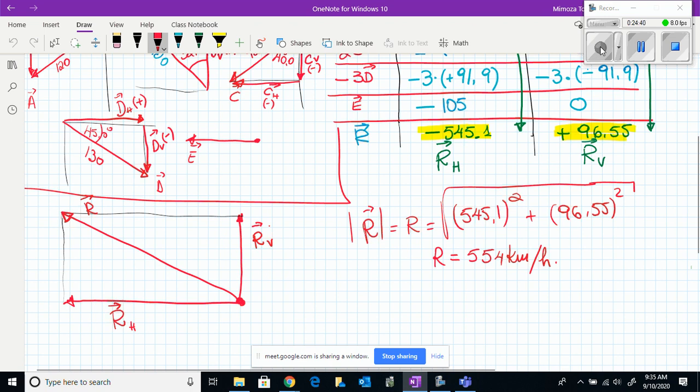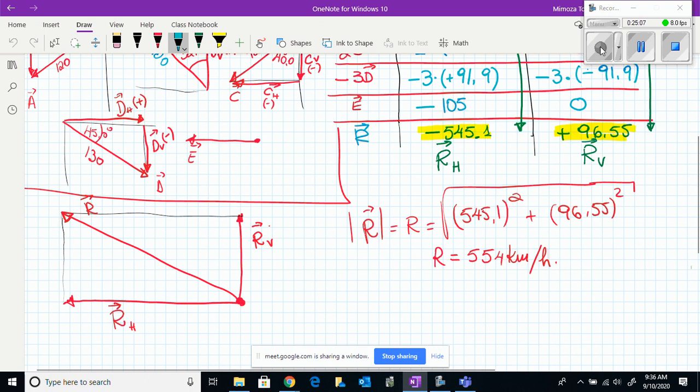When we are defining a vector, we do not stop at the magnitude unless the question is asking us only for the magnitude. But in order to fully describe a vector, you need to have the magnitude and the direction. And for the direction you have some freedom here.